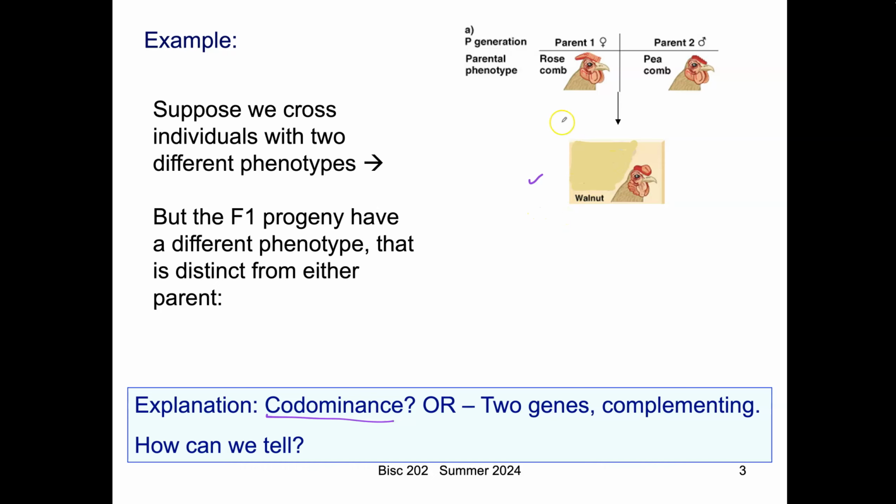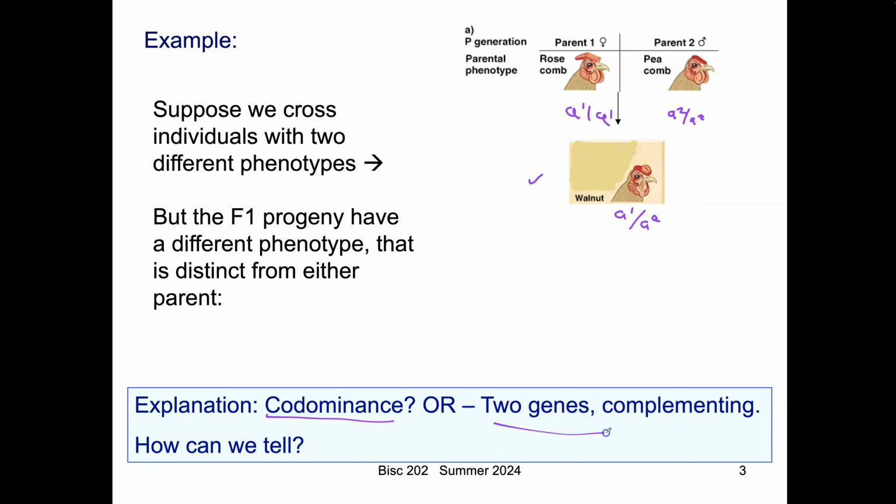That would be a single gene, right? So this individual would be like this, and this would be like this, and then it would turn out that the heterozygotes have this unusual phenotype because the 2 alleles are independently altering that phenotype.